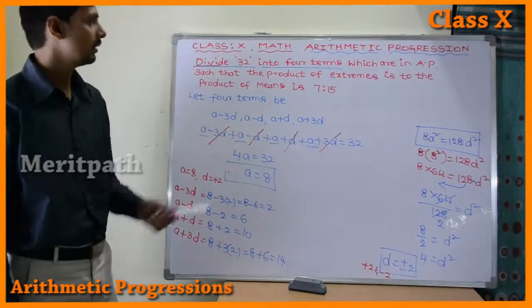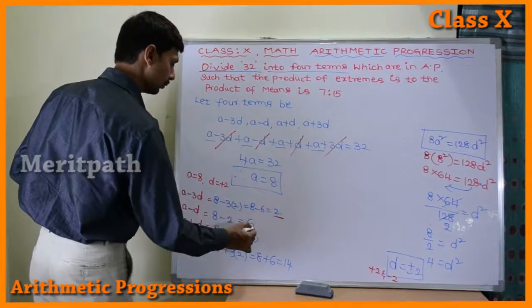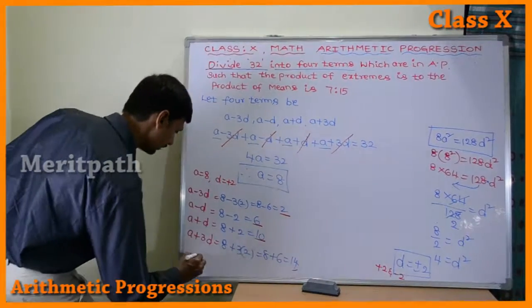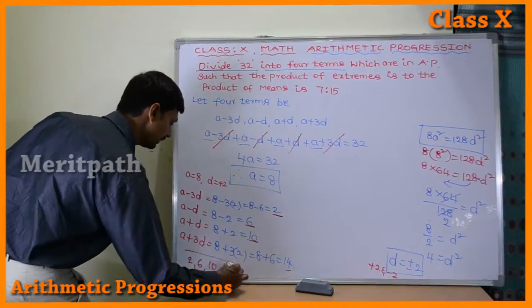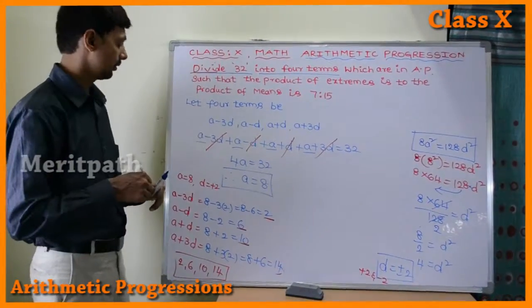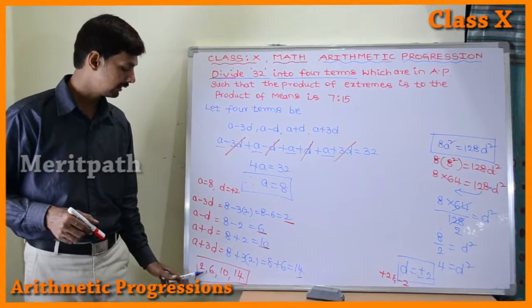Then we can observe that the 4 terms are 2, 6, 10, 14. This is the AP terms. When we add these 4 terms, we'll be getting 32.